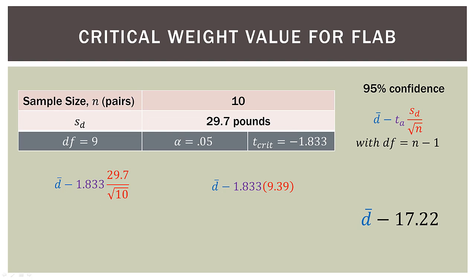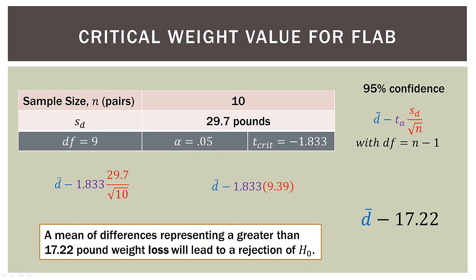We'll go ahead and do that multiplication. And what we have is d bar minus 17.22. So what does that mean in real language here? A mean of the differences representing a greater than 17.22 pound weight loss will lead to a rejection of our null hypothesis.